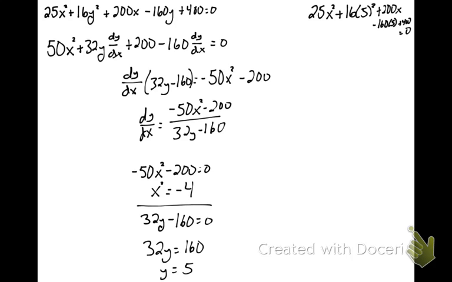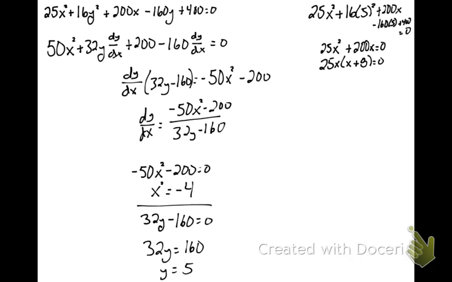Let me clean up this quadratic and get a little neater. So this will be 25x squared plus 200x equals 0.